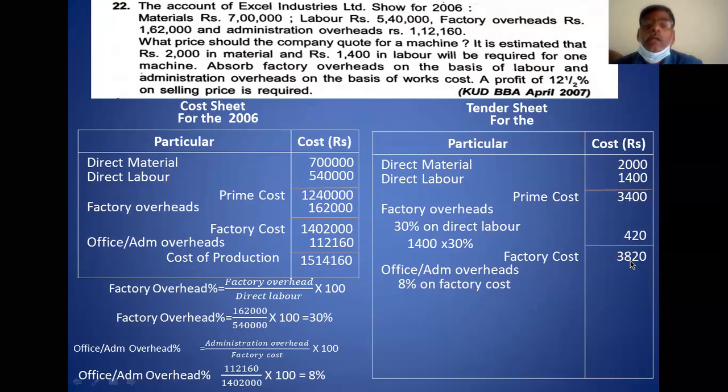On this 3,820, you calculate 8%. 3,820 into 8% is 305.6. You see the calculation and how I took the amount. And take the total. This total is called the cost of production.